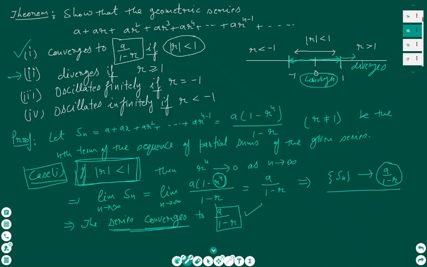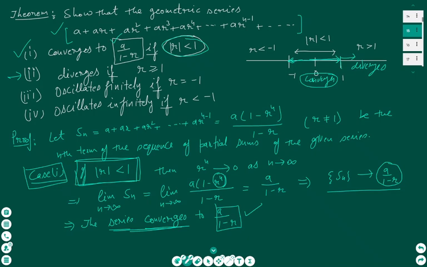That means when r lies between minus 1 and 1, then the geometric series is convergent. So a geometric series is convergent if and only if the modulus of r is less than 1 and the sum of the series is a over 1 minus r. Alright. So this was all about the convergence of a geometric series.